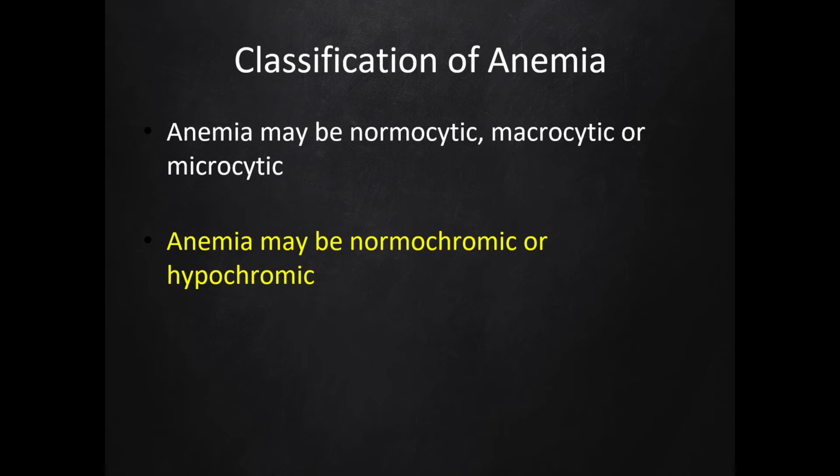Absolute increase in hemoglobin concentration in the RBC does not occur. Just imagine, if there is a higher MCHC, a red blood cell cannot carry too much hemoglobin or too much oxygen.